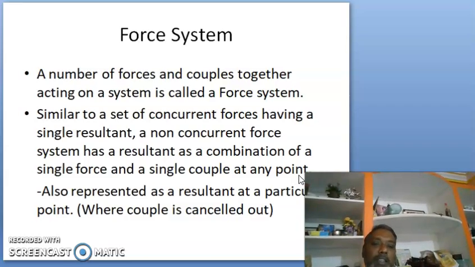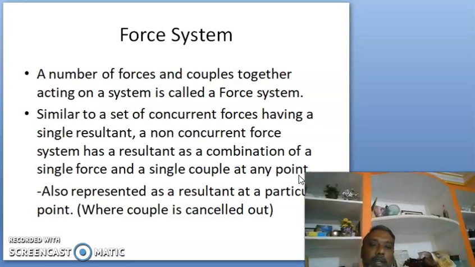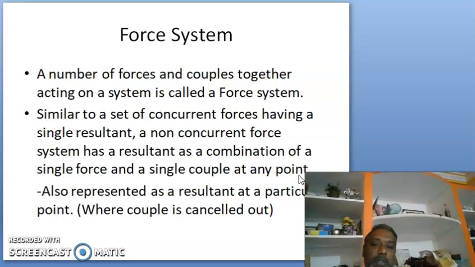So we have a single resultant available at a particular point which cannot just be moved to another point. This is something that we have already seen. A force is represented with a point of application.